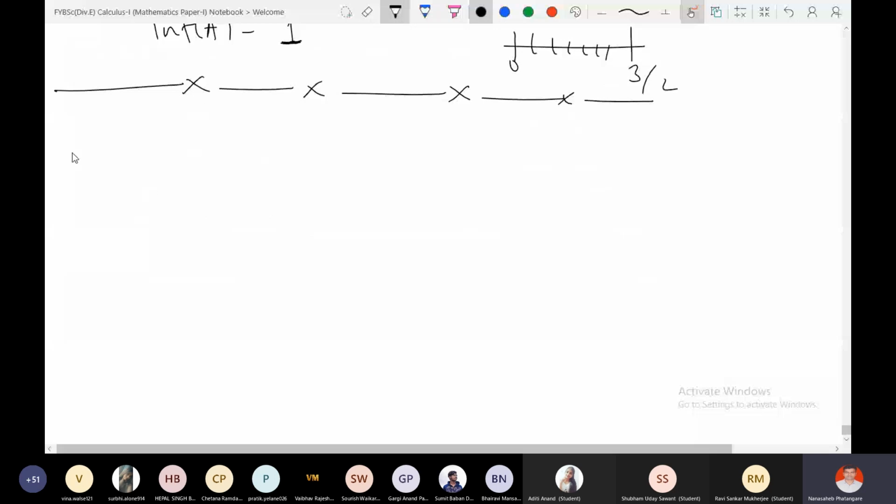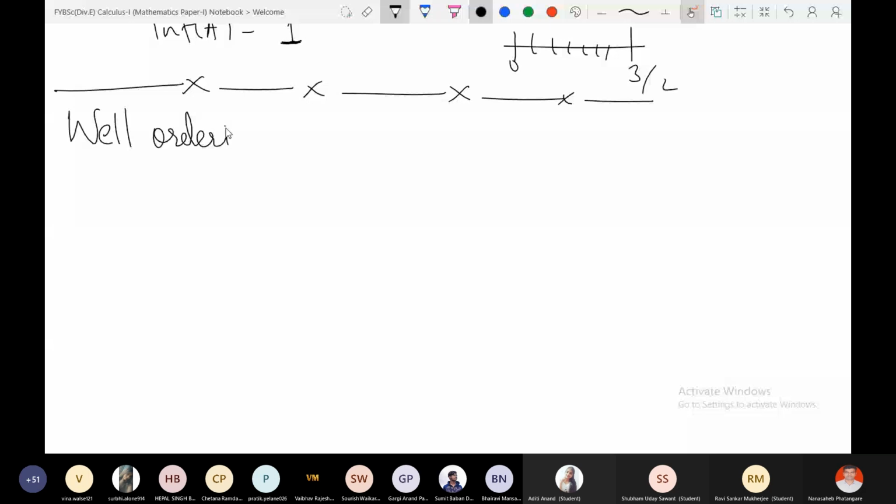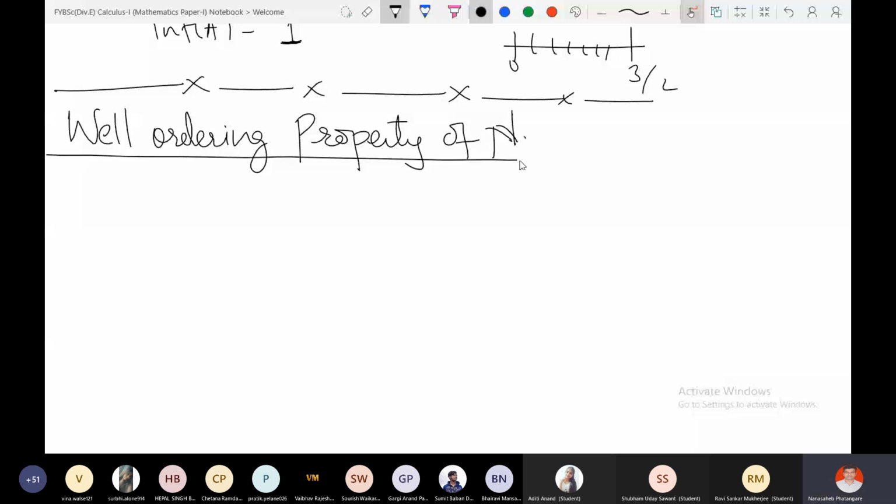And what is that power? The well ordering property of natural numbers. This is an important property or axiom, the well ordering axiom.